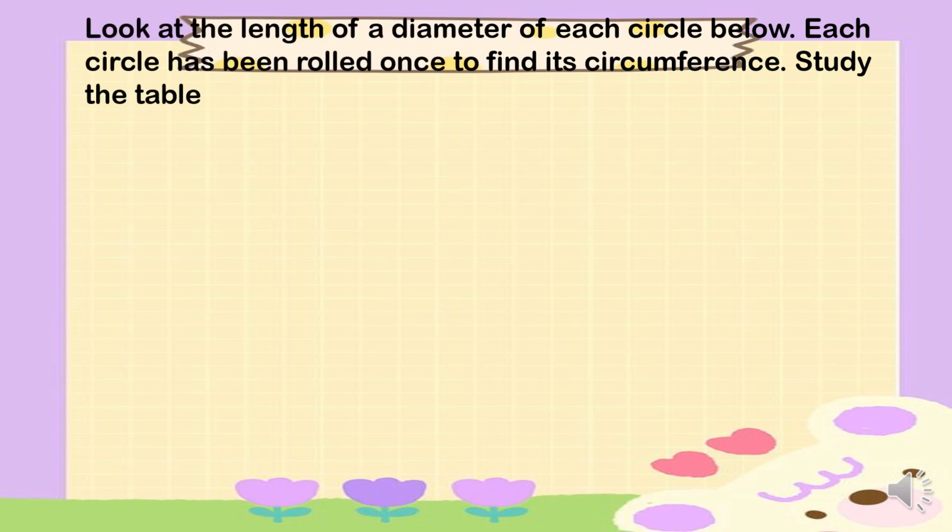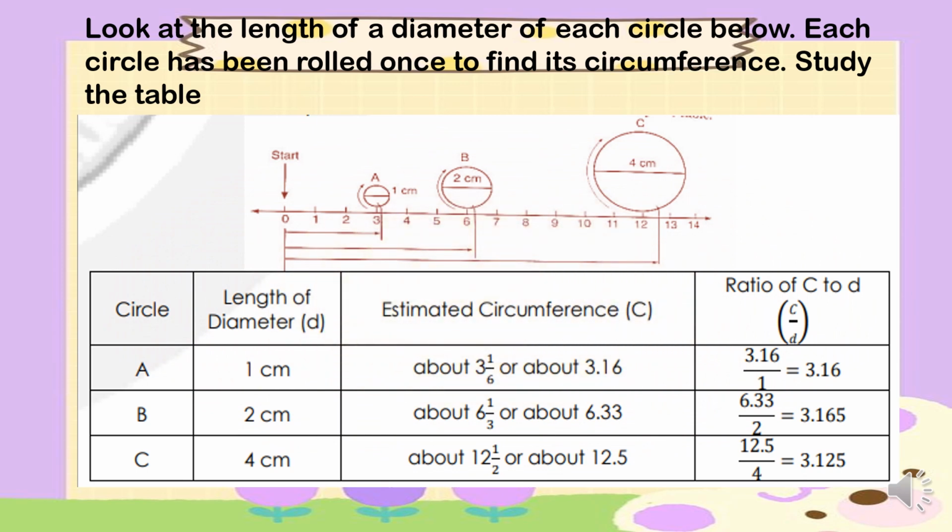Look at the length of the diameter of each circle below. Each circle has been rolled once to find its circumference. Study the table. So we have circle A. The length of the diameter is 1 centimeter, and the estimated circumference is 3 1/6 or about 3.16.